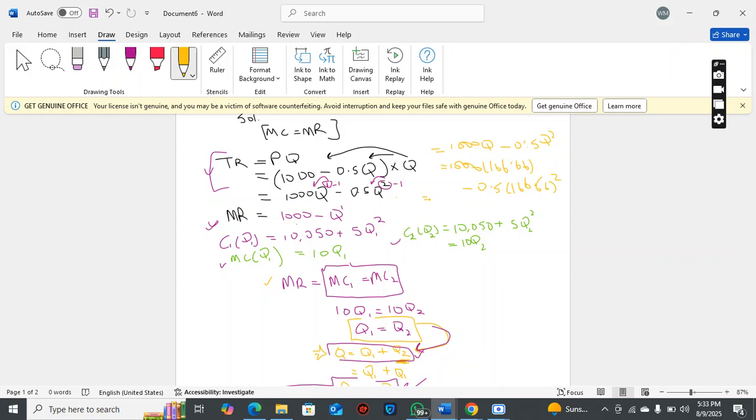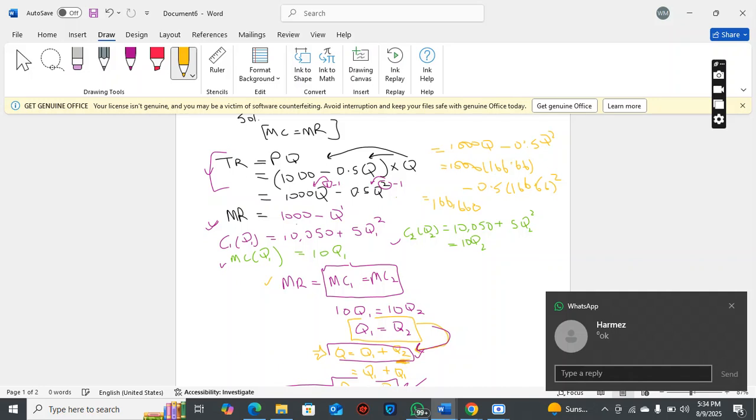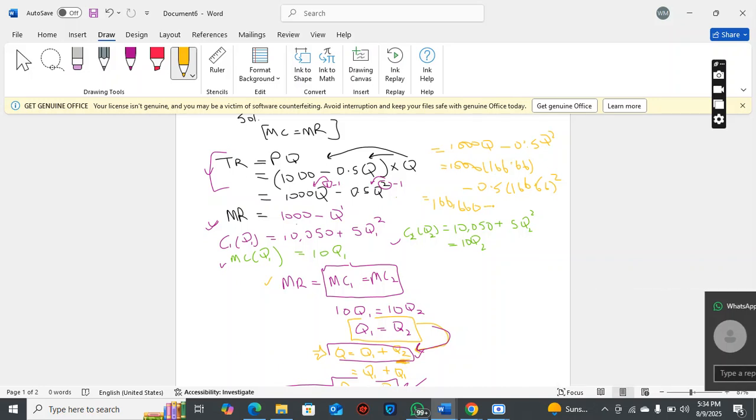So 1000 times 166.66, that's 166,660, minus 166.66 squared multiplied by 0.5, we get 13,887.77.